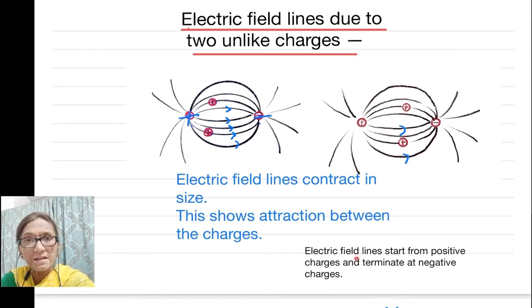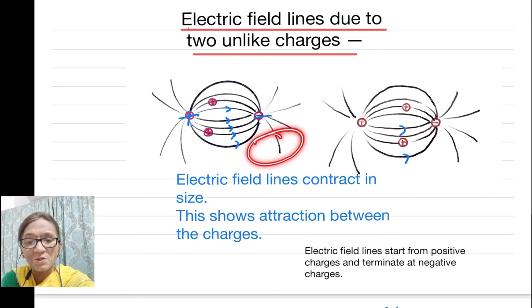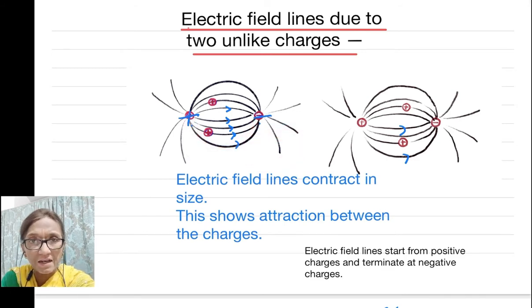Here you can see that electric field lines start from the positive charge and go up to the negative charge. Direction is from positive to negative, and it is a terminated line. It is not a closed continuous path. It starts from positive and it terminates at the negative charge.